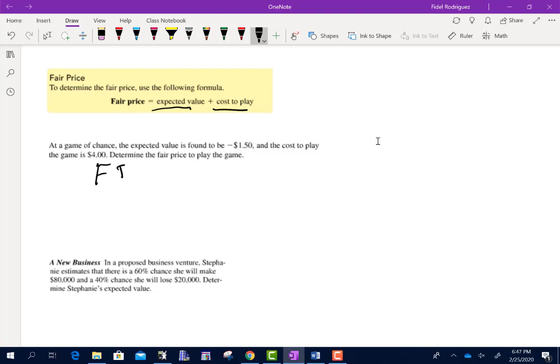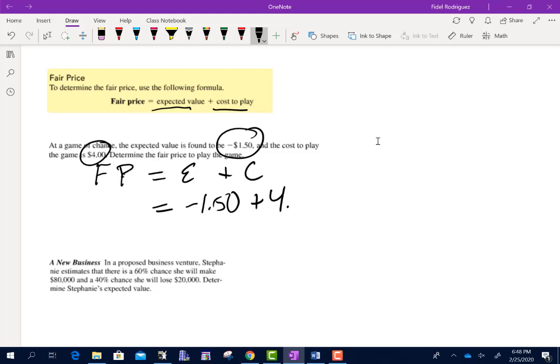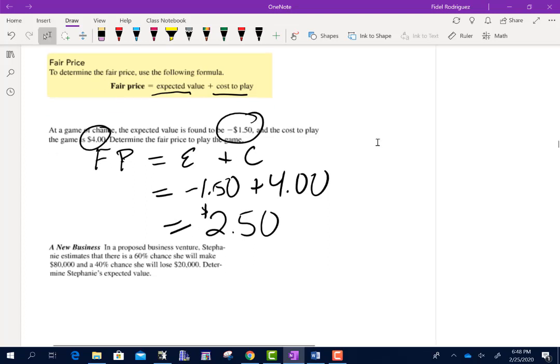So we already know the expected value is negative $1.50, and the cost to play is $4. So the fair price should be $2.50. That's our formula. It's pretty straightforward. We'll do another one with fair price in a little while.